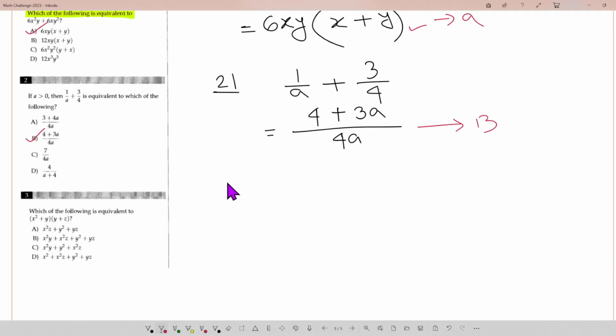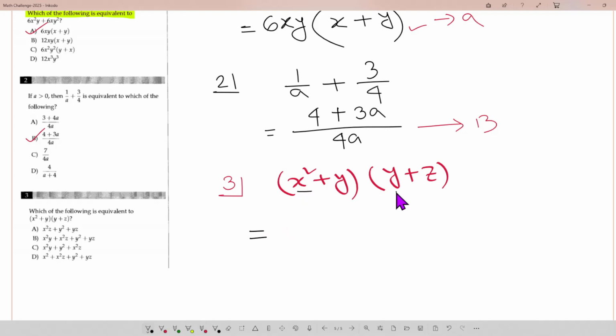Next, number 3. Which of the following is equivalent to, we can write x² + y times (y + z). Okay, so how can we simplify this one?